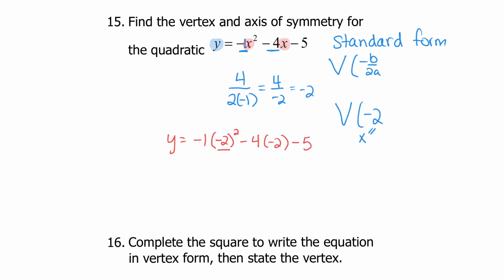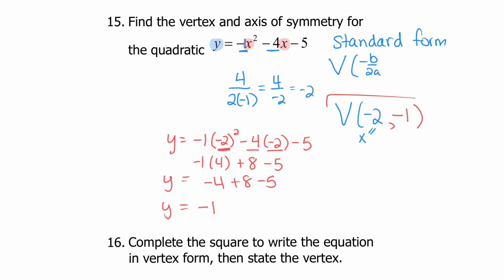Well, remember, you have to do parentheses and exponents first. So you have to do -2 squared, which is 4, but that's going to get multiplied by -1. Then you have -4 times -2, which is +8, and then minus 5. So -1 times 4 is -4 plus 8 minus 5. So this would give you a y value of -1. So my y value of my vertex is -1.